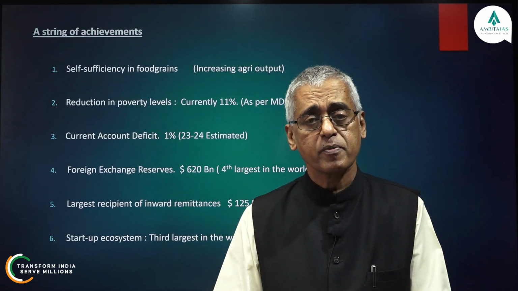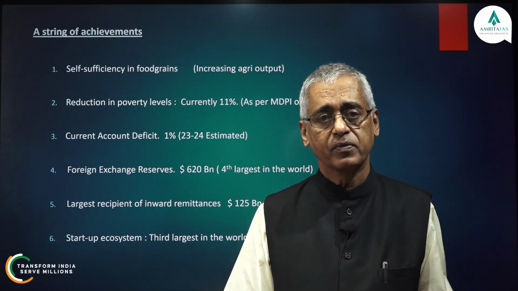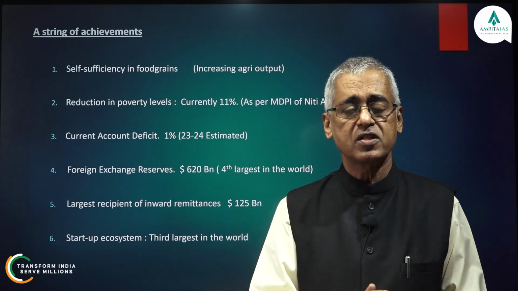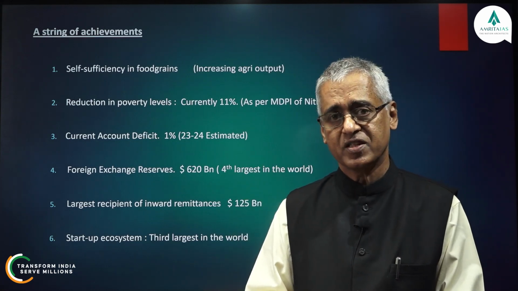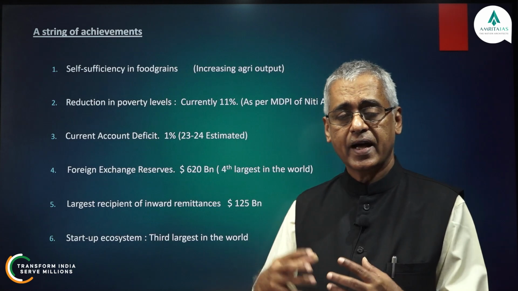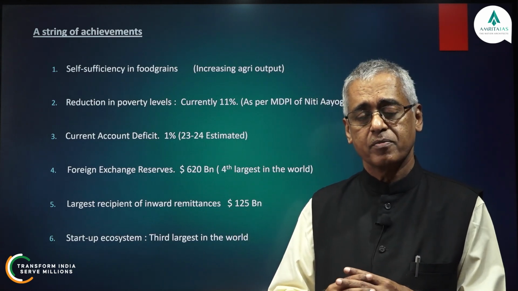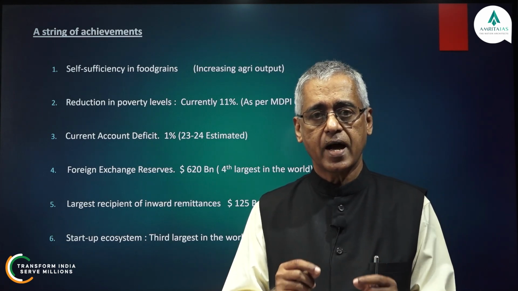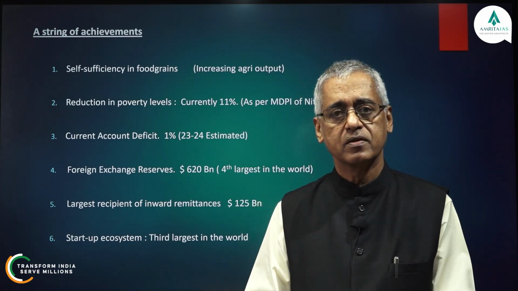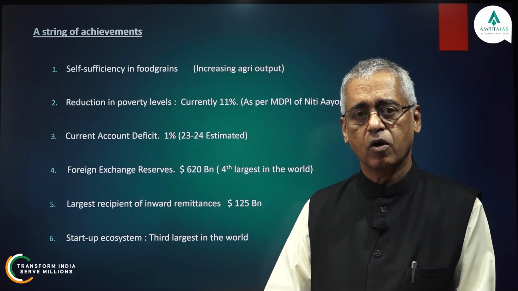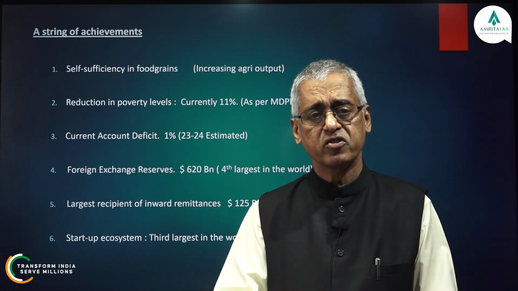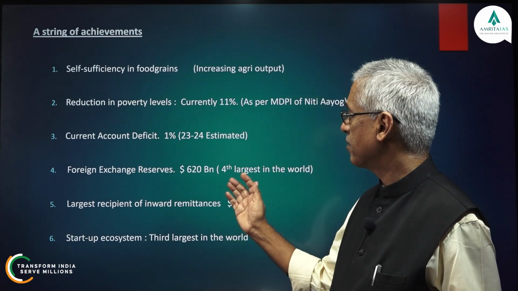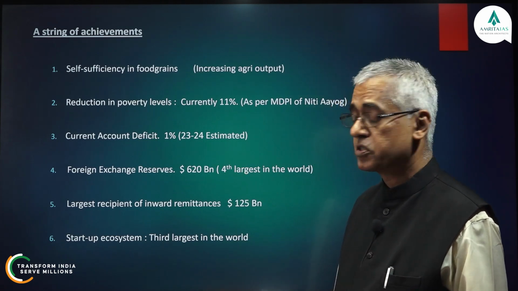Concurrently, we should also be proud of the fact that as the national income has grown, poverty levels have come down, a major achievement without doubt. As per the last estimate of the Niti Aayog, using the multi-dimensional poverty index, the latest count of people who are multi-dimensionally poor in India is estimated at about 11%.